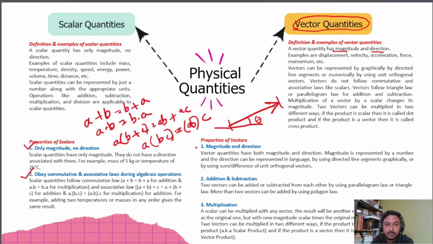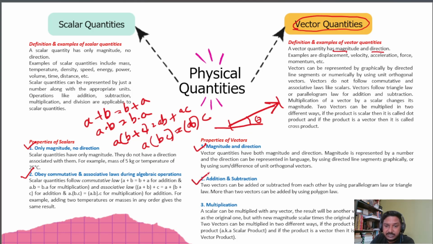So coming to the properties of vectors, they have both magnitude and direction. The magnitude is represented by a value followed by some unit, and the direction is represented with the help of a directed line segment or by using the unit orthogonal vectors. The direction can also be represented in language.